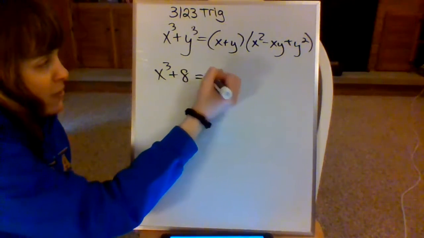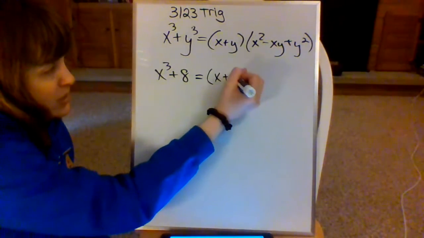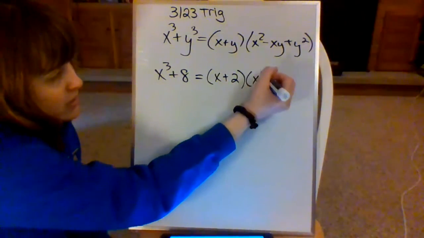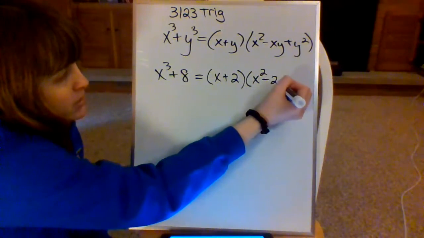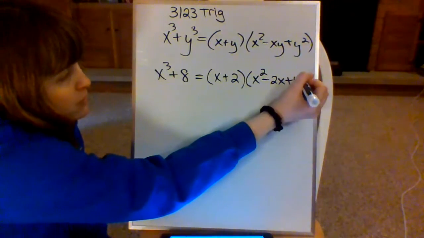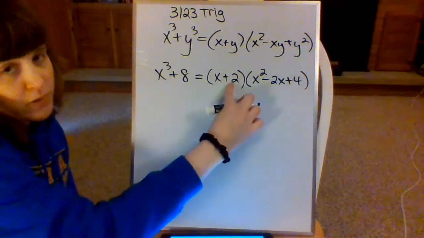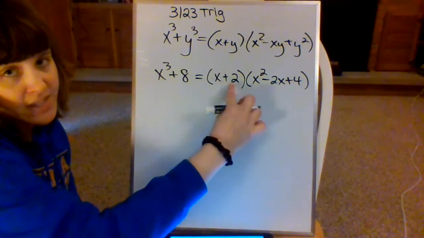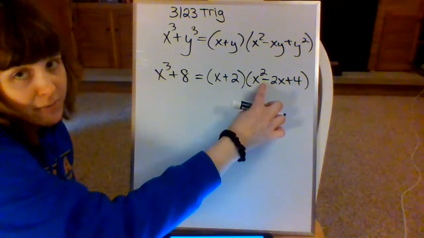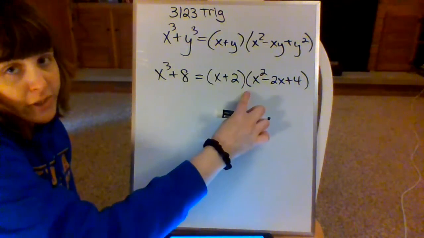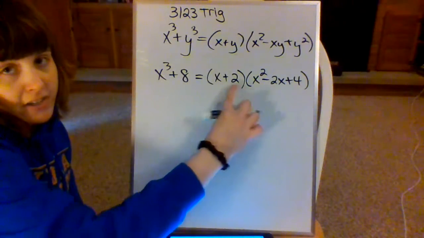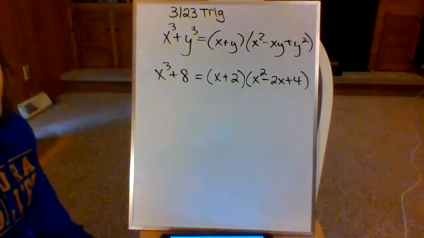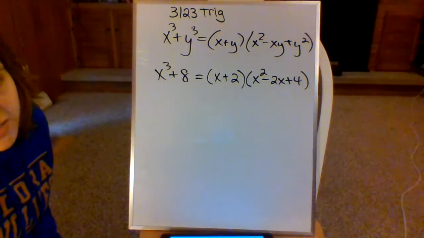So this is what our factored form is going to look like. x plus 2, x squared minus 2x plus 4. Because 4 is 2 squared. The middle term here is these two things multiplied together, but a minus in front of that. And then the first term is x squared. Okay, so that is the factored form of x to the third plus 8.